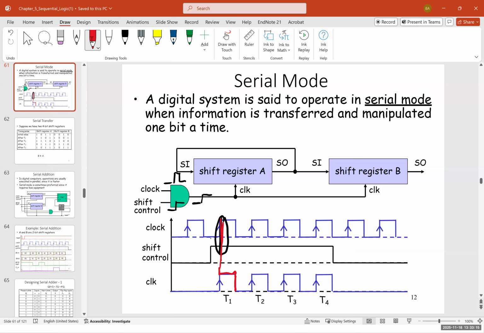And then the clock of the shift register, which is this clock, will go to 1 and then 0 and then 1. So it's going to just follow the original clock as long as the shift control is 1. When the shift control becomes 0, after that, again, the clock is completely 0.